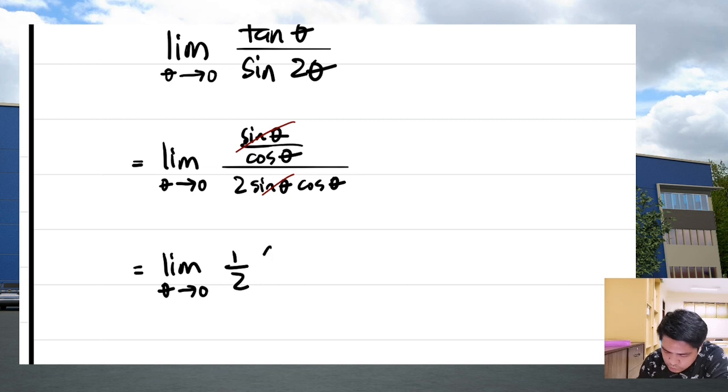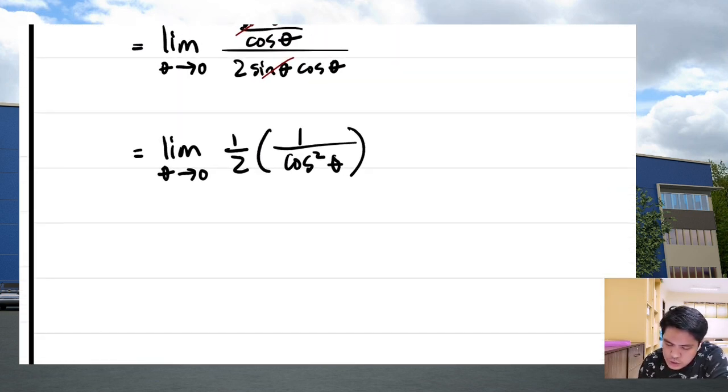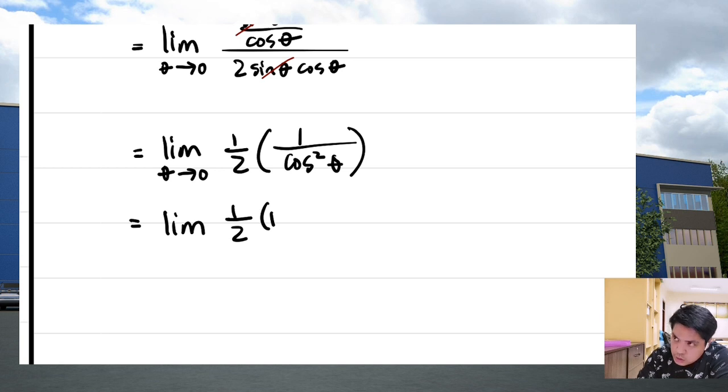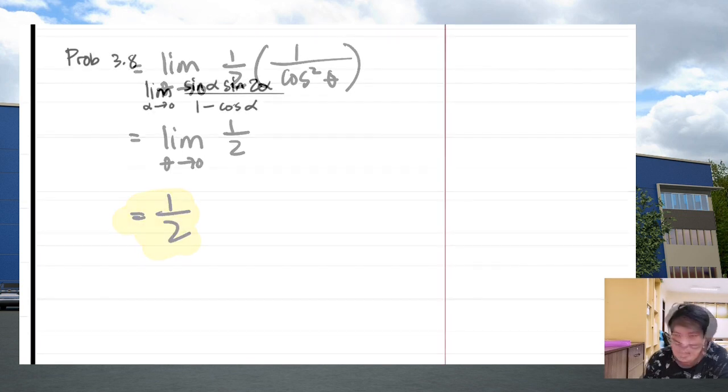So we have 1/2 times 1 over cosine theta. Okay, and we know that cosine 0 is 1. So therefore, this becomes 1 over 1. So this becomes 1. So that would be the limit of 1/2 times 1, or the limit of 1/2 as theta approaches 0. So the answer is just 1/2 because it's a constant number. The answer is 1/2.